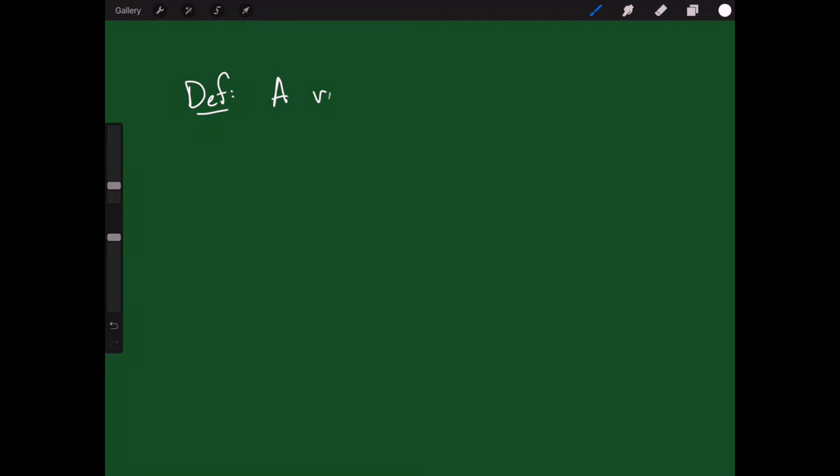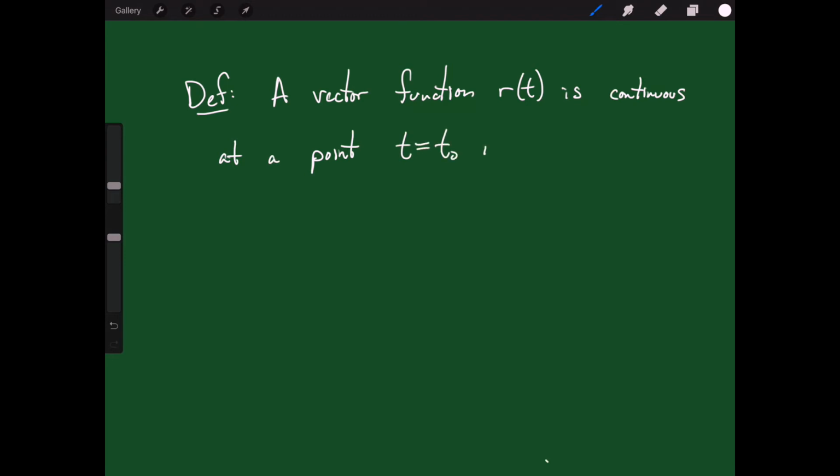A vector function r of t is continuous at a point t equal to t sub 0 in its domain if the limit as t goes to t0 of r of t is equal to r of t0.